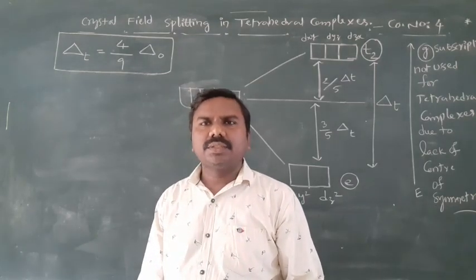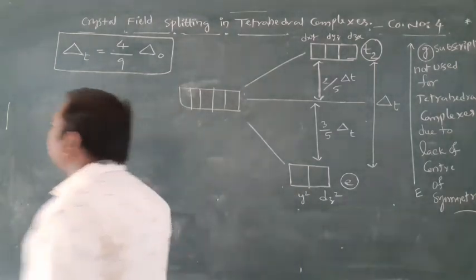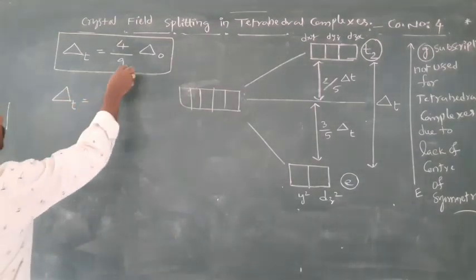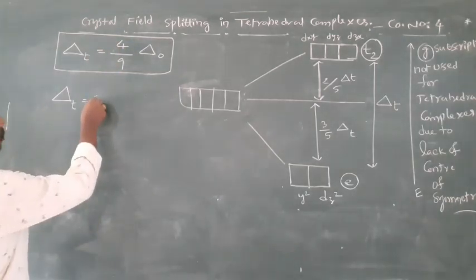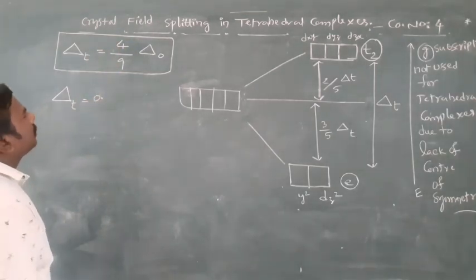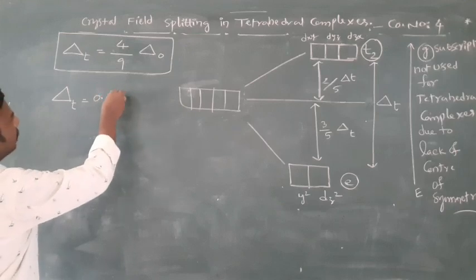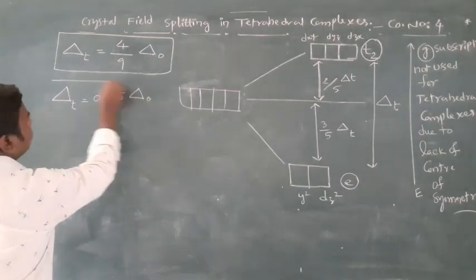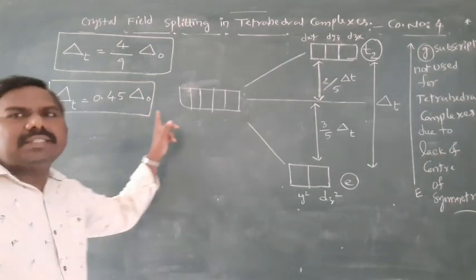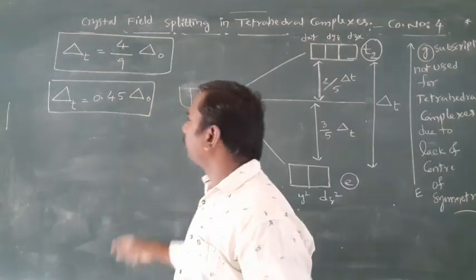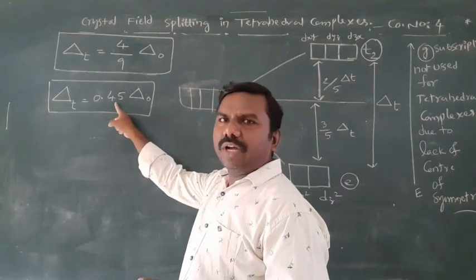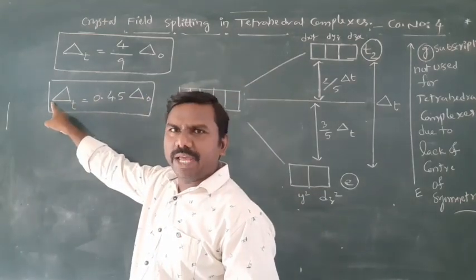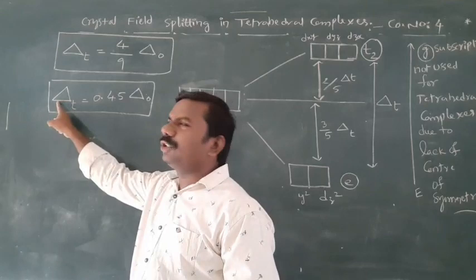Clear? So, based on that, it can be written as delta T equal to 4 by 9, it means 0.45 times delta naught. By this relation, if delta naught is imagined as 2, then 0.45 into 2 gives 0.9.